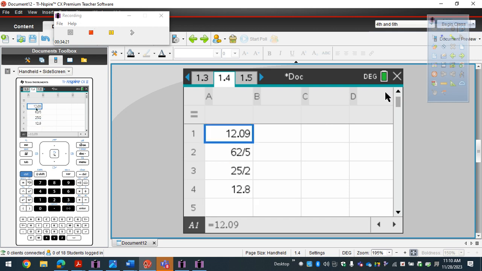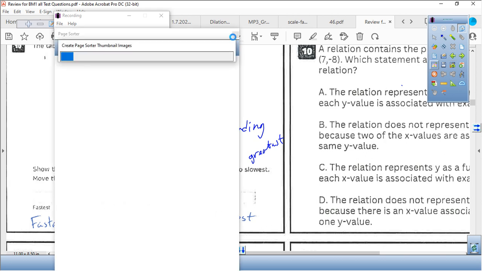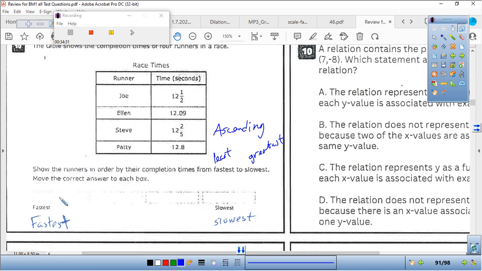Okay, sounds right, just double checking in my brain. Okay, so that's 12.09. Sorry about that again. So Ellen goes first, and 12.4, Steve. He's switching here. And then Joe. And then Ed.